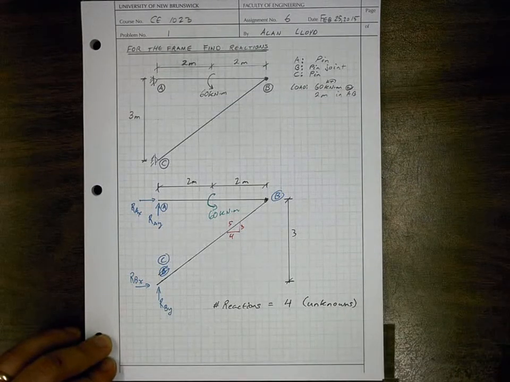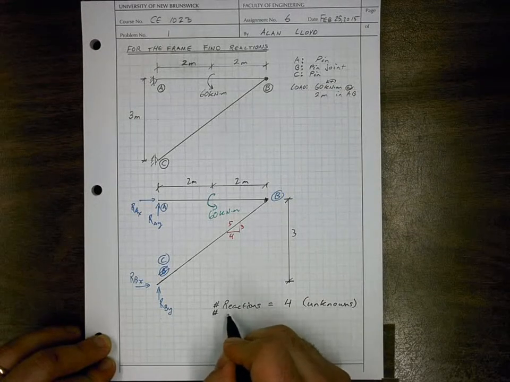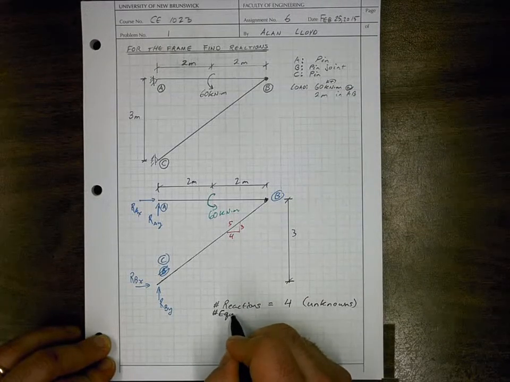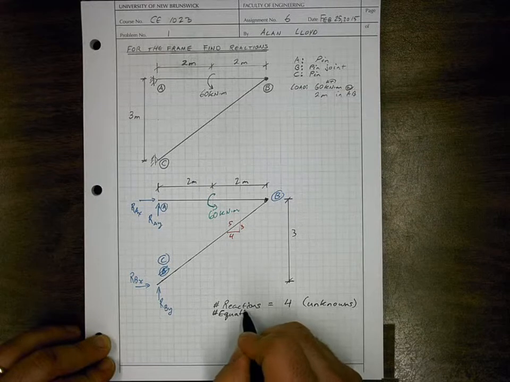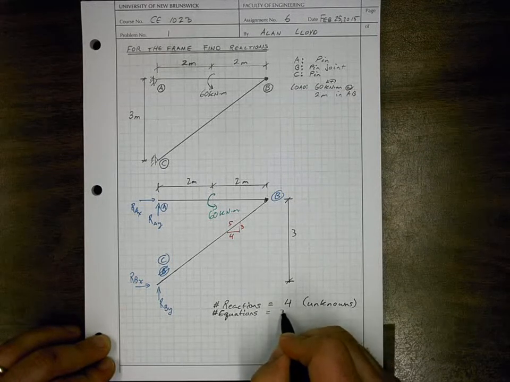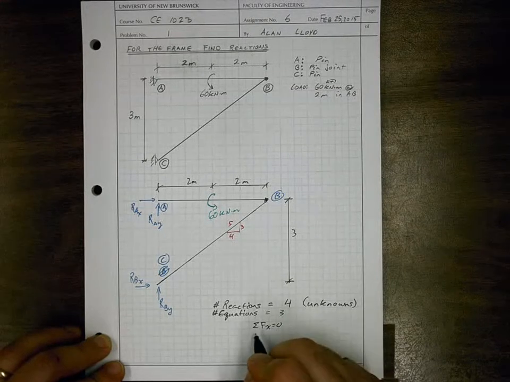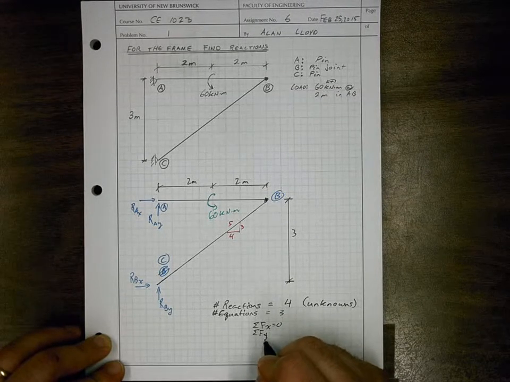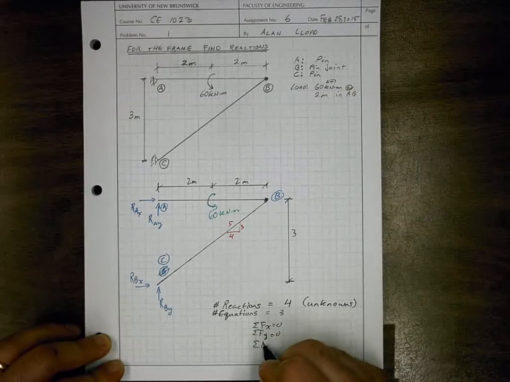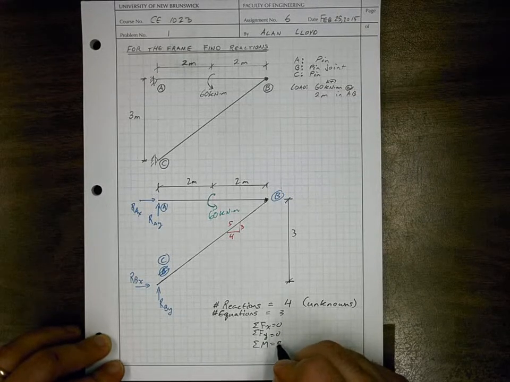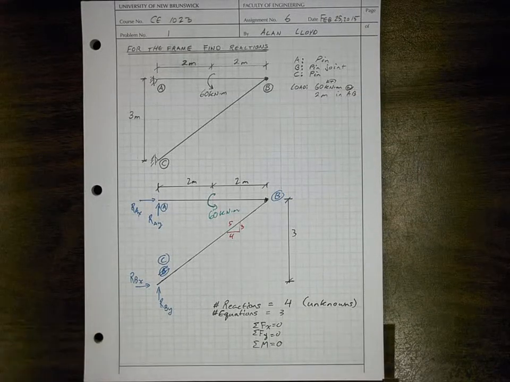And now we have 3 equations of equilibrium: the global sum of forces in X is equal to 0, global sum of forces in Y is equal to 0, and global sum of moments about any point on the XY plane about the Z-axis is equal to 0.